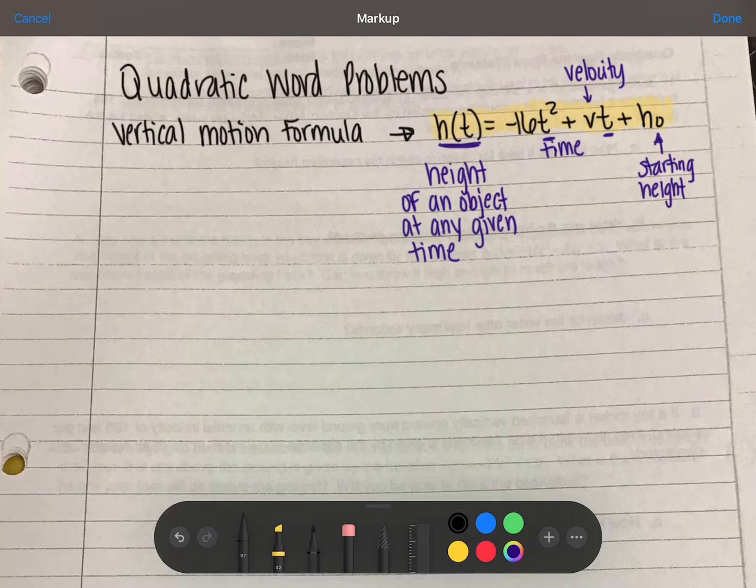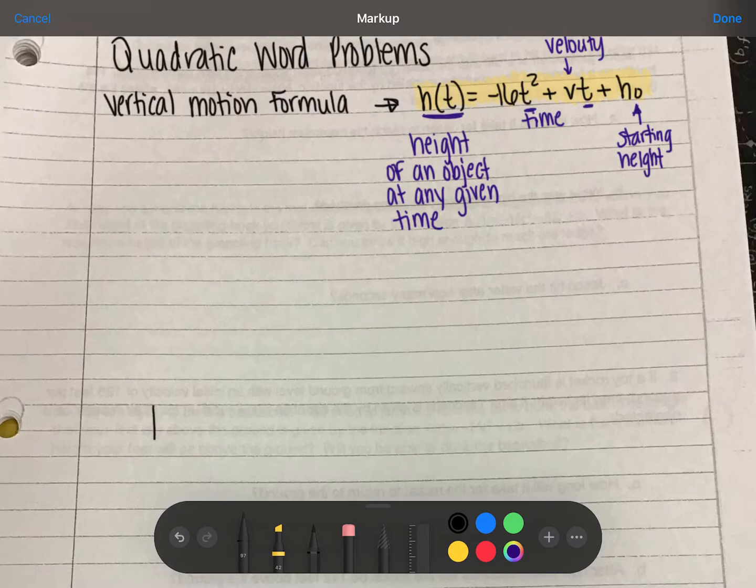So usually what we have is an object. My object I'm going to use is a rocket. Okay, so my rocket is going to take off, and when it goes up, my rocket comes back down. And if you notice, it takes on a parabola shape. And so the questions that they're going to ask you are, how long does it take for that object to get to its maximum height?